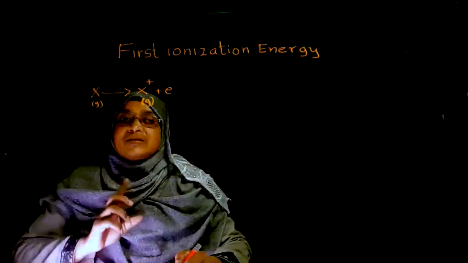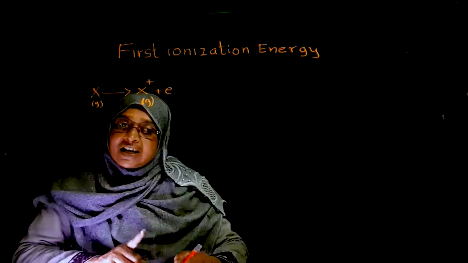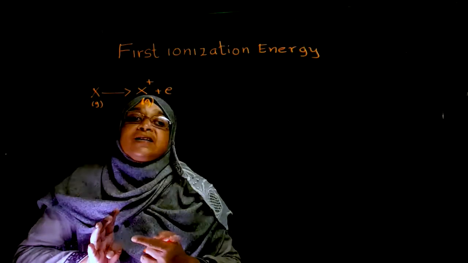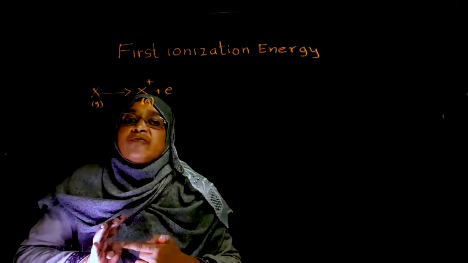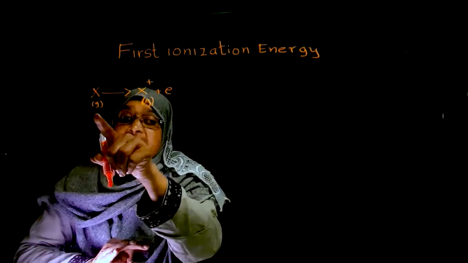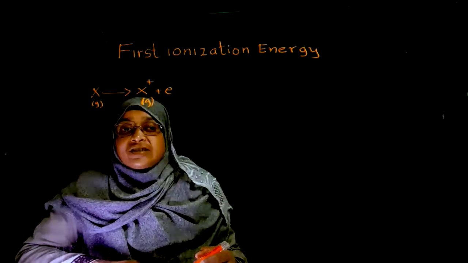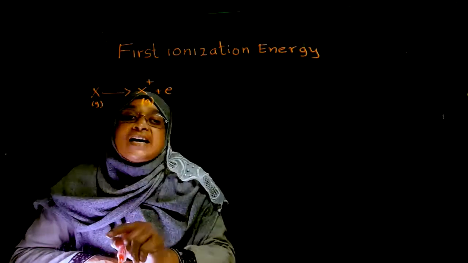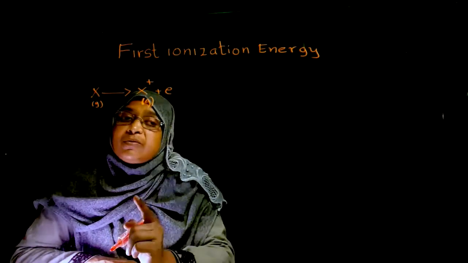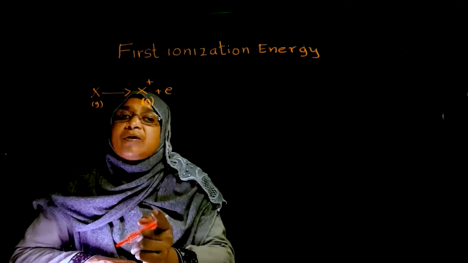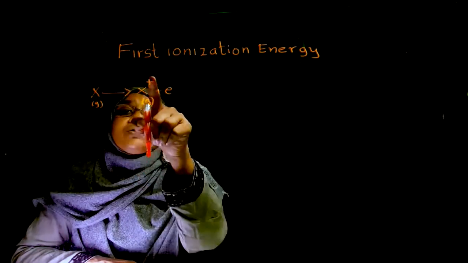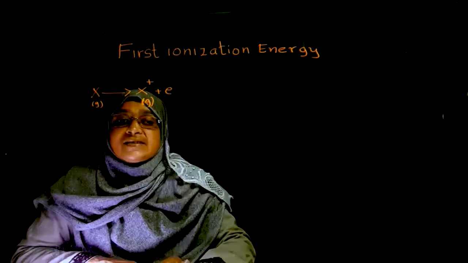So the first ionization energy is the minimum energy supplied against the nuclear power to remove one electron from one atom in the gaseous state, forming a unipositive ion in the gaseous state.